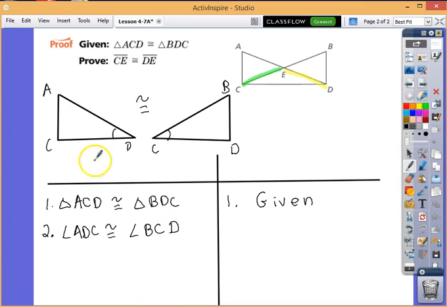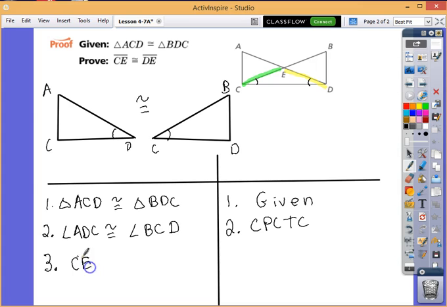I'm not even going to use the fact that they had overlapping information. I'm just going to mark this angle congruent to this angle. I could say that CD is congruent to CD by reflexive, but I don't need to, because once I know that these two angles are congruent, then I can use the converse of the isosceles triangle theorem to state my proof statement.